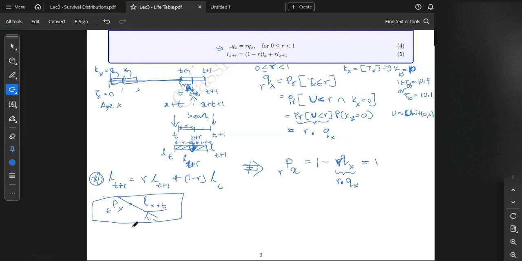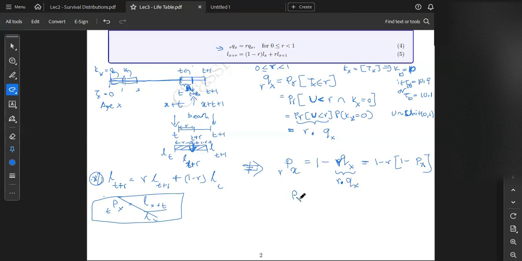So to apply this one, we need to convert this q now into a known value of p. So for that, I can say r, and for this q, it is now surviving from x to 1 more year. It's 1 minus the surviving probability from x to 1 more year. So if you take 1 minus the survival, it gives the death probability. So we can extend it like this.